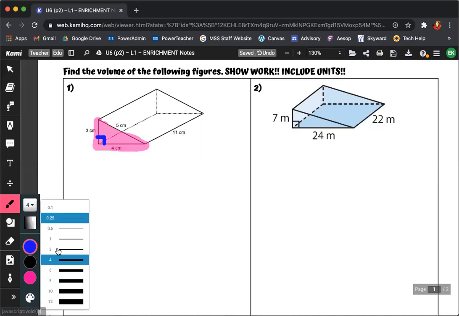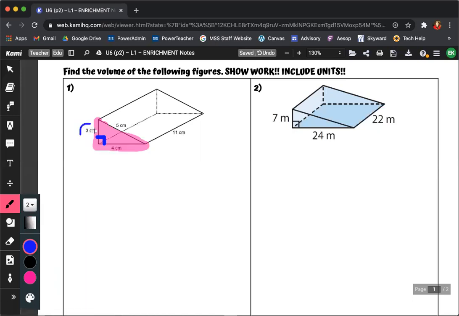And that's connecting our base and height of the triangle. So the area of our base equals, for the area of a triangle, you do base of 4 times our height of 3 divided by 2. So I plug that into the calculator. 4 times 3 is 12. Divided by 2 is 6.